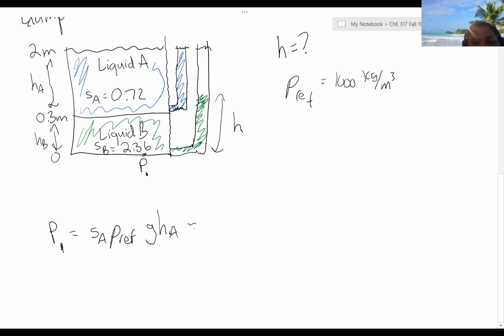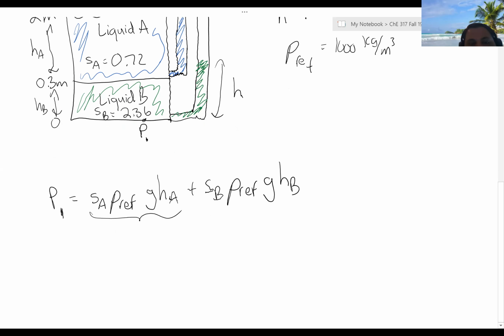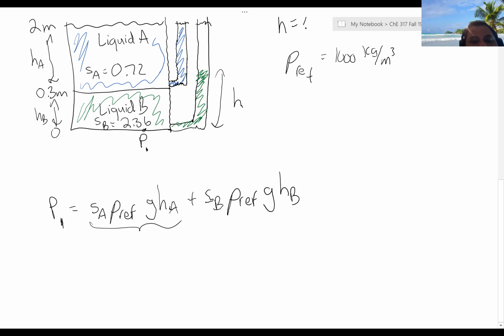So we have HA plus the specific gravity of B, the density of our reference fluid, gravity, and the height of B. This is the pressure from the column of A, and this is the pressure from liquid B.